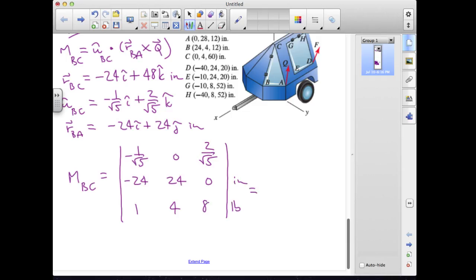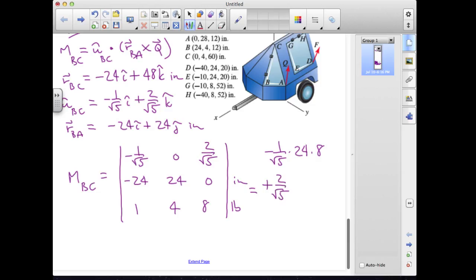And that gives us, we'll get contributions here from the first and third columns, nothing from the second one. We have a 0 there at the top, so we'll end up with minus 1 over root 5 times 24 times 8. Then again, nothing from the middle column, minus 0 times across, and then plus 2 over root 5.